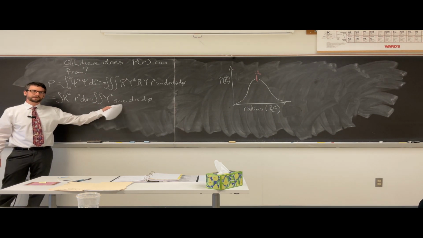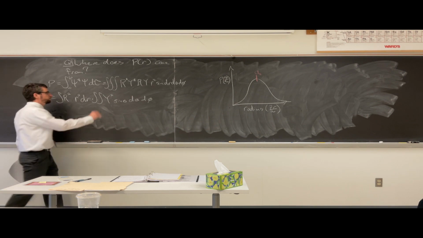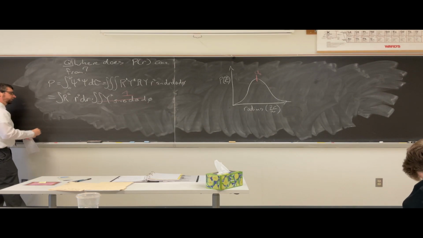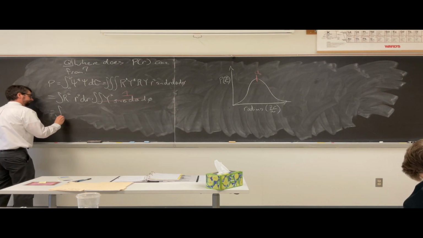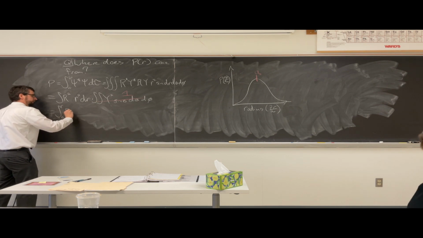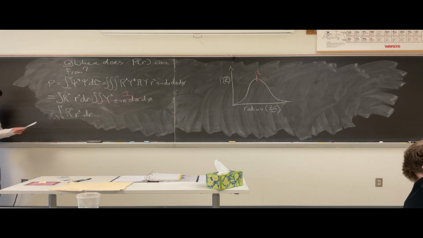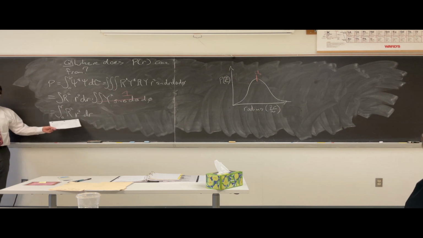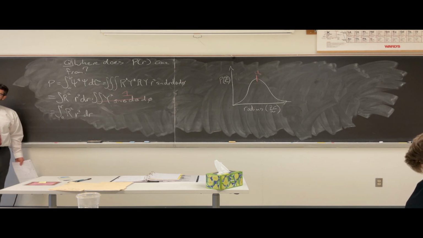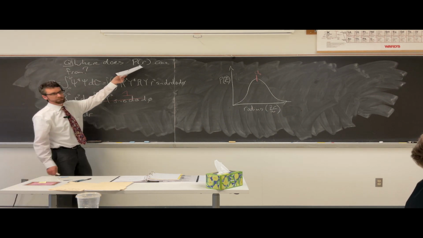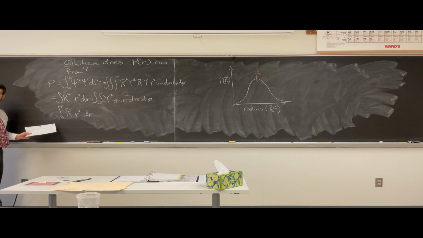What's the value of this thing? Yep, this is 1. So we're left over with this, 0 to some value of r. Okay, rather than writing this thing out over and over again, how could we incorporate our radial distribution function into this?